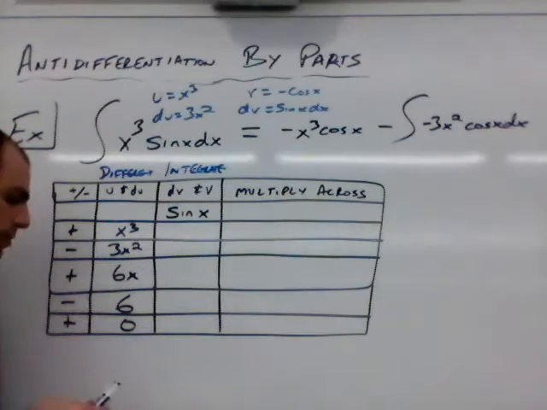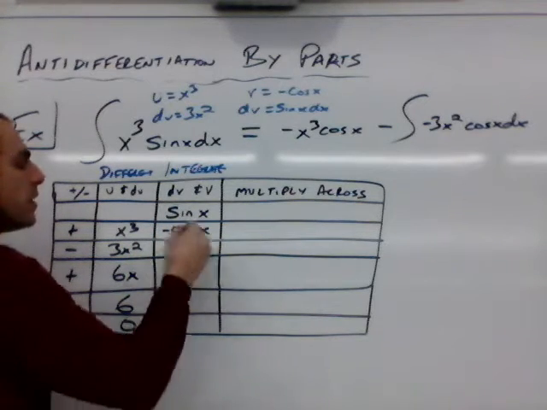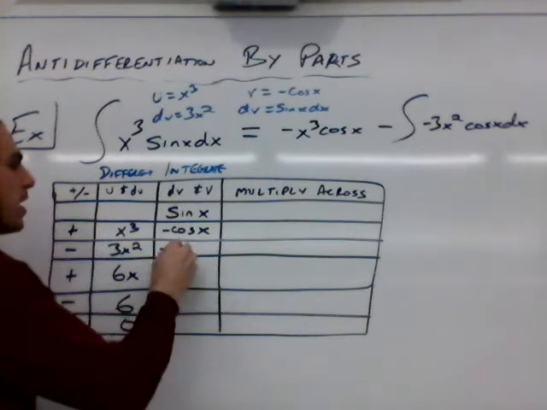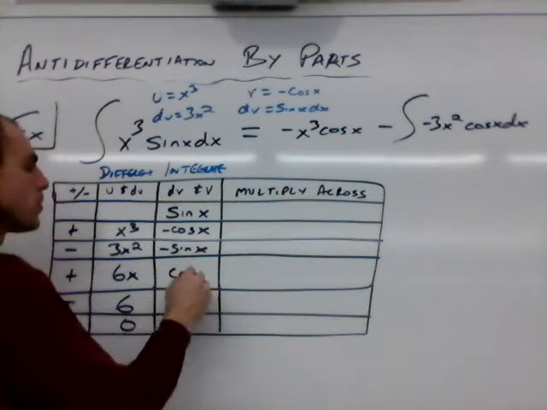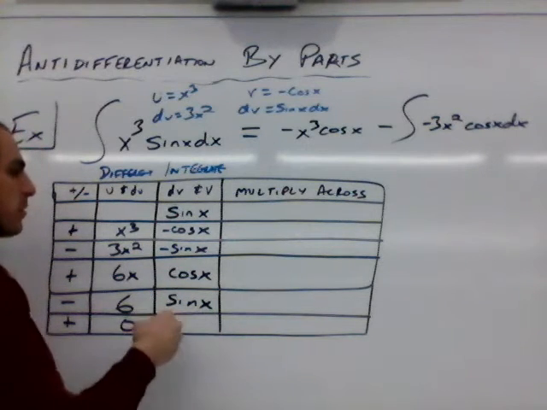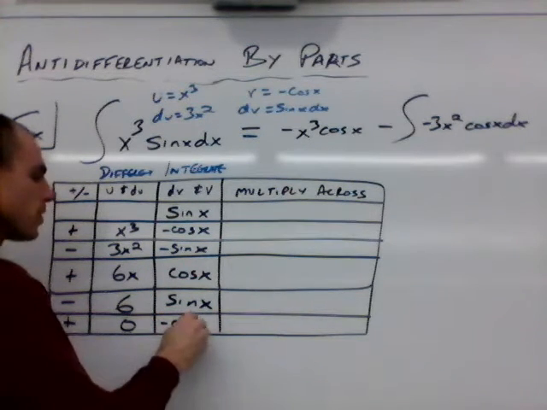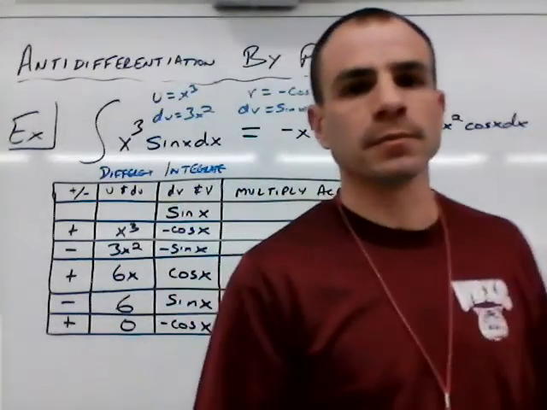All right? So the antiderivative of sine is the opposite of cosine. The antiderivative of the opposite of cosine is the opposite of sine. The antiderivative of the opposite of sine is cosine. The antiderivative of cosine is sine. The antiderivative of sine is the opposite of cosine. All right? So you're doing a bunch of quick antiderivatives.